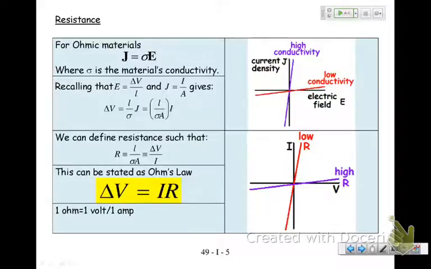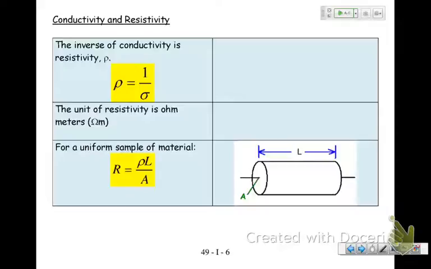So a sample has a resistance. A material has a resistivity. And that's a bit like, if I think about it, and it's ironic because it's the same symbols, if I want to talk about the density of a material versus its mass, yeah?